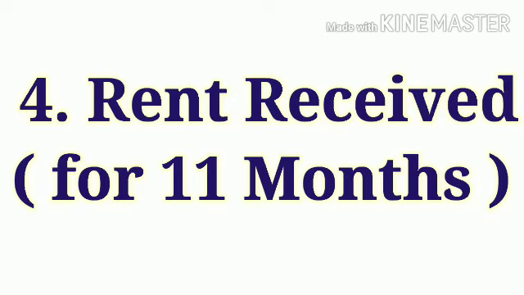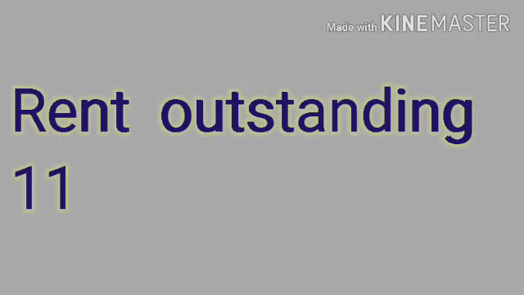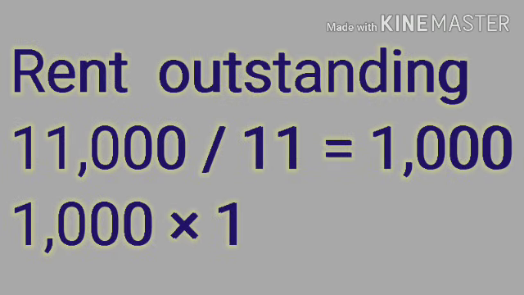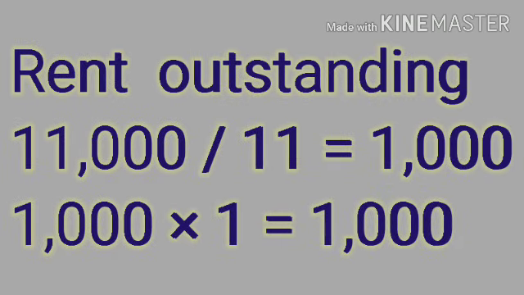We want to prepare final account for 12 months. So, outstanding rent is 1 month. First, we calculate outstanding rent, that is 11,000 divided by 11 months is equal to 1,000 per month.